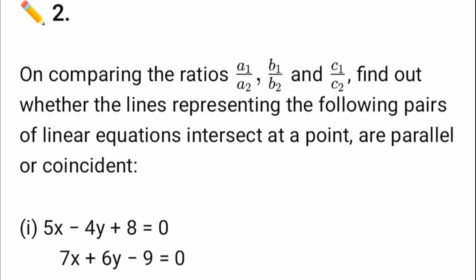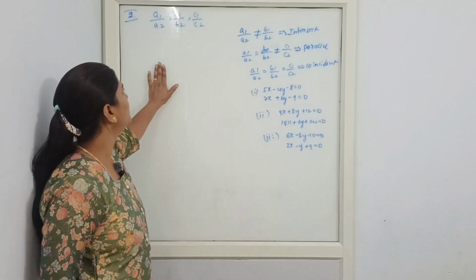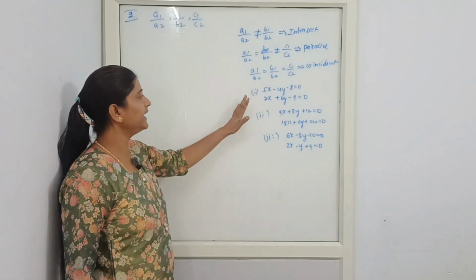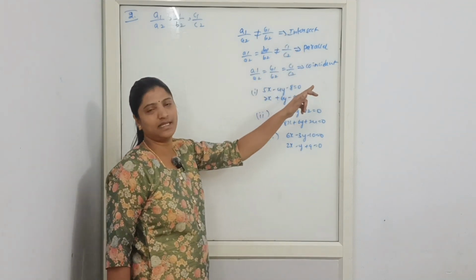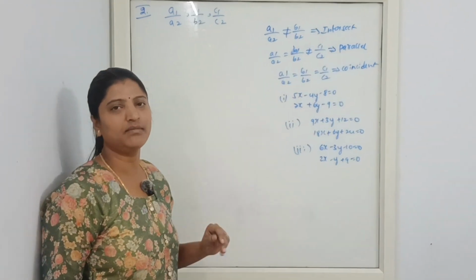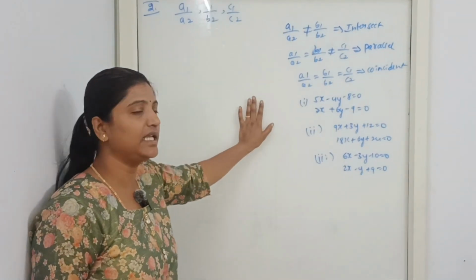The first one is 5x minus 4y plus 8 is equal to 0, 7x plus 6y minus 9 is equal to 0. We need to find whether these linear equations intersect, are parallel or coincident. If you already saw my introduction video, this concept is very clear.